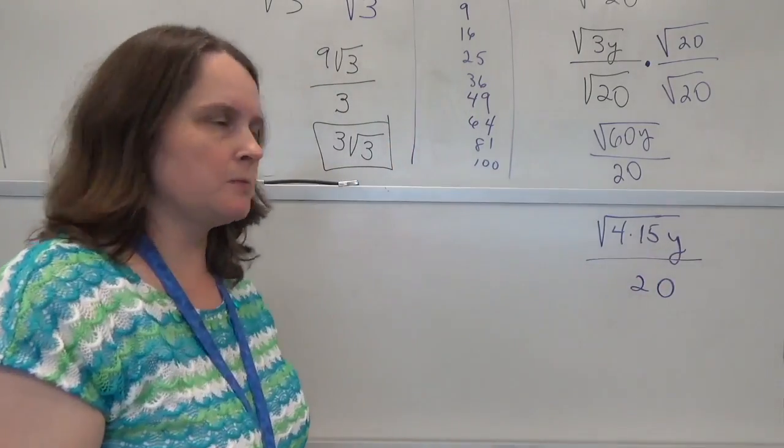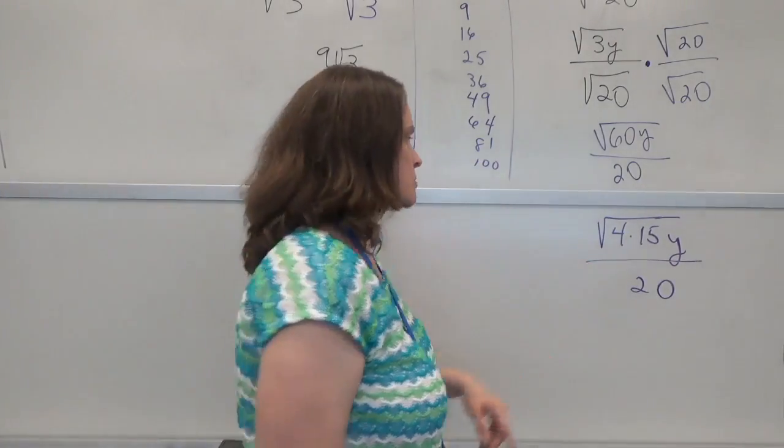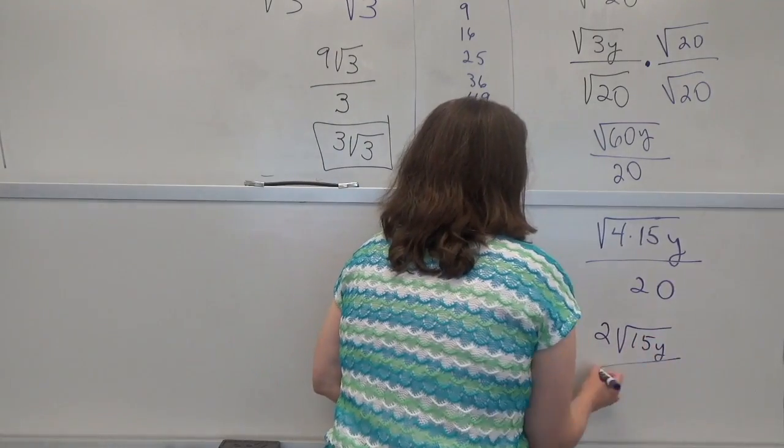Hopefully you see how this helps me. The square root of 4, I can do that, and that just gives me 2. So I've got 2 times the square root of 15y over 20.